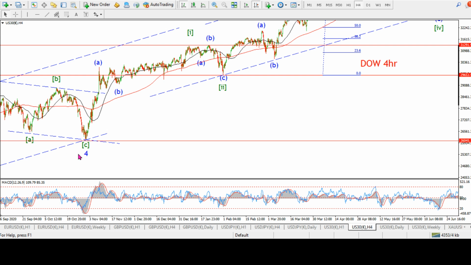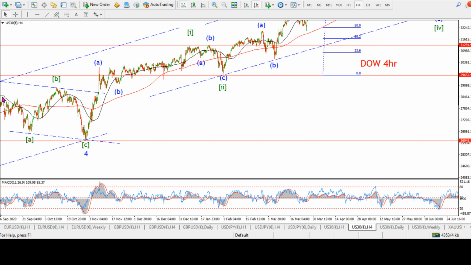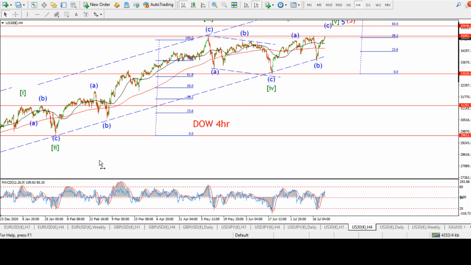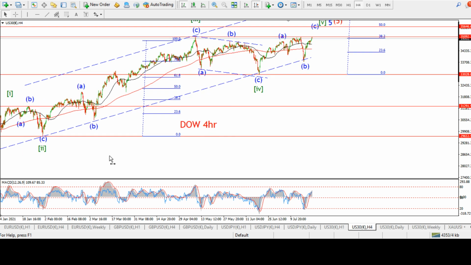So into the November lows last year, we have a pretty reasonable ABC fourth wave correction. Now, off that November low, what has happened since then is nothing short of quite astounding. Yet, the action is less than favorable.